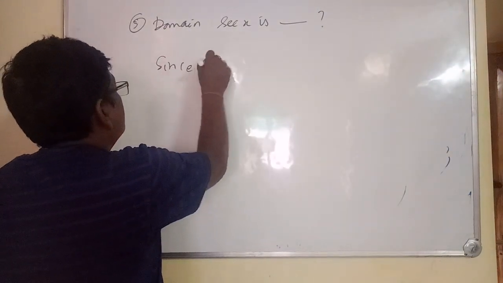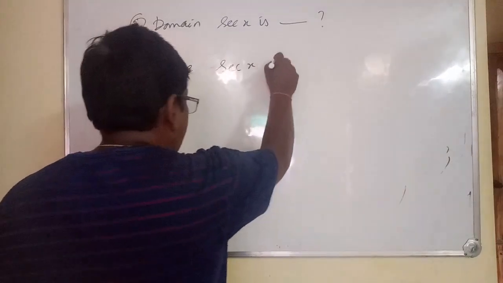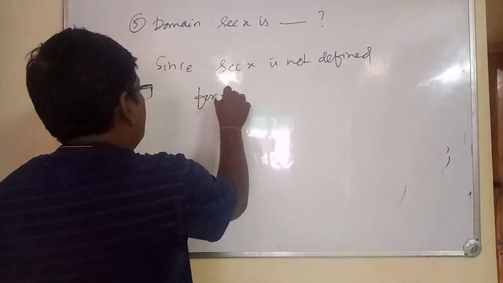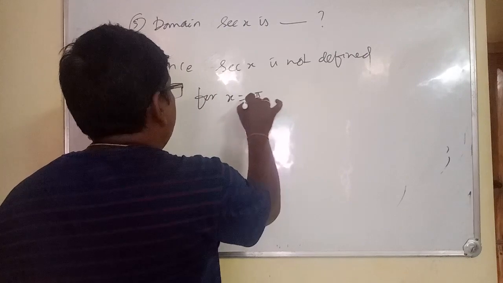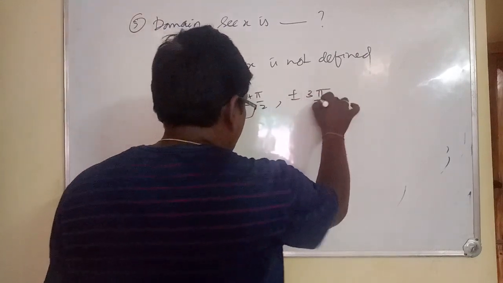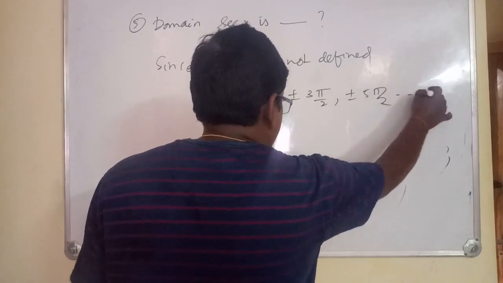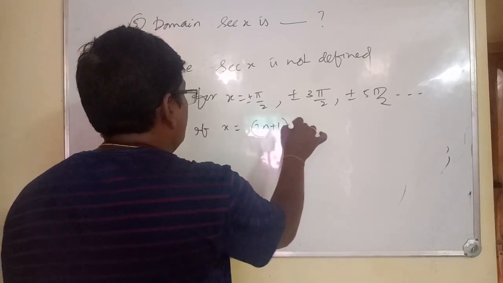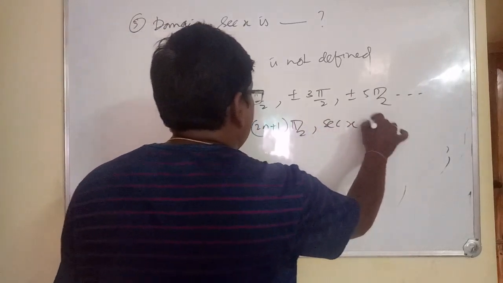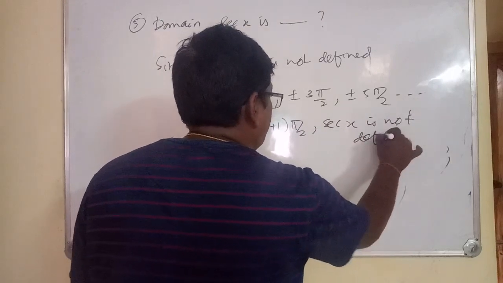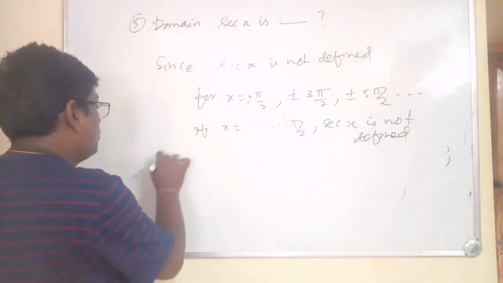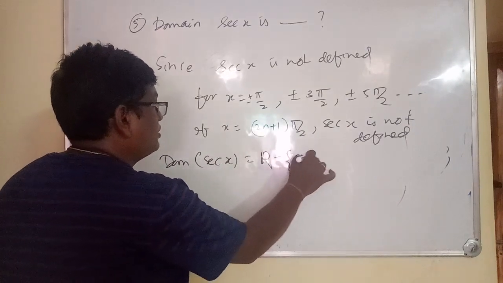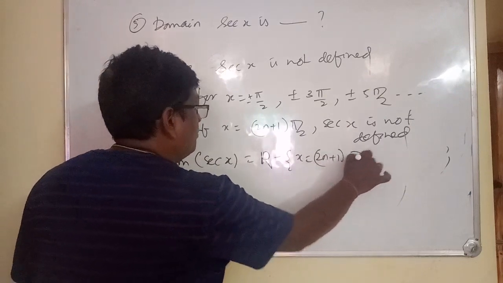Since sec x is not defined for x equal to plus or minus pi by 2, plus or minus 3 pi by 2, plus or minus 5 pi by 2, etc. That is, if x is equal to (2n plus 1) pi by 2, sec x is not defined. Not defined means not a real number, right? So domain of sec x is R minus {x = (2n plus 1) pi by 2}.